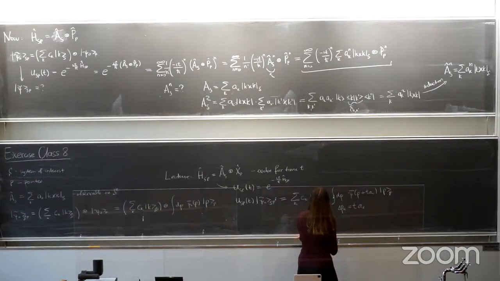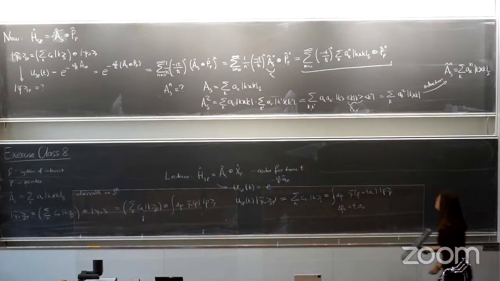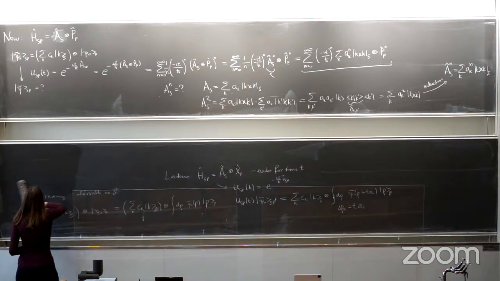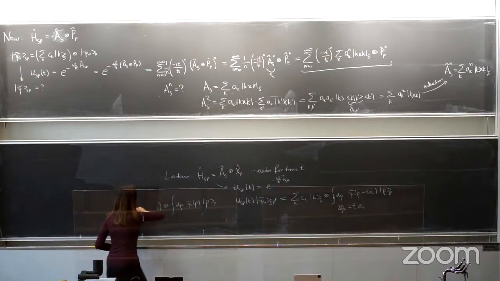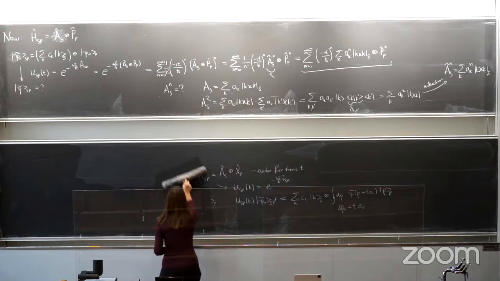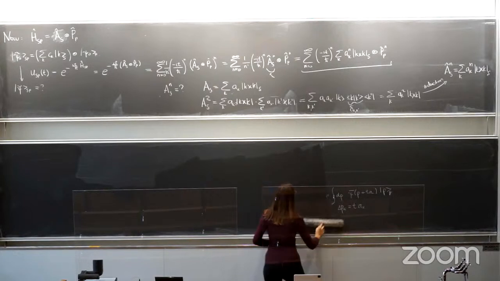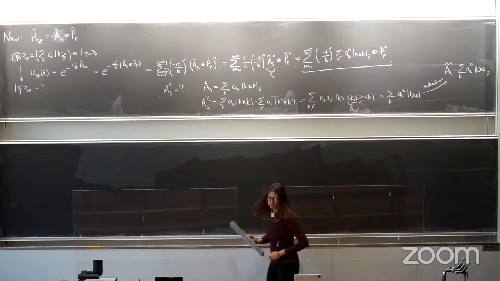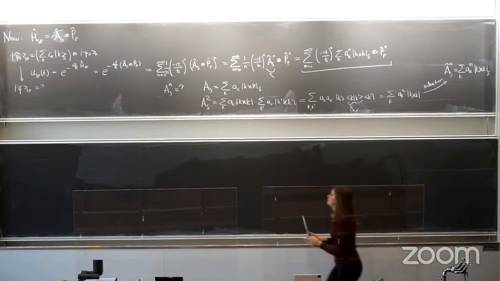We're going to exchange the order of summation between k and n, and just write this as a tensor product of the sum over k and the exponential of the momentum operator.